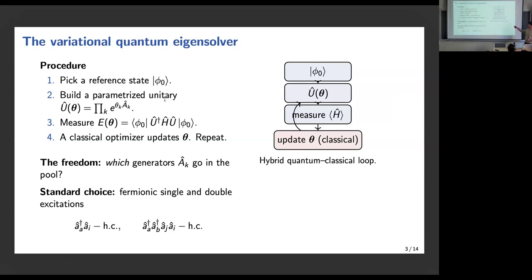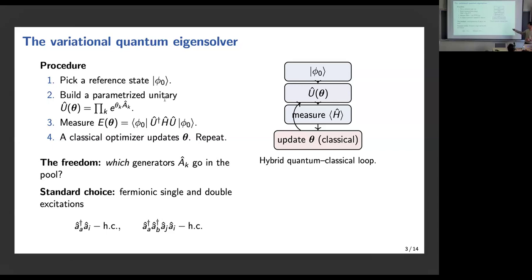But once you have your parametrized unitary, you use that to measure the energy. And once you have the energy, you're basically just using the energy as a cost function to update your parameters in your unitary. This is a hybrid quantum-classical loop. You keep doing that until you converge onto the lowest energy possible, and that's your ground state energy.